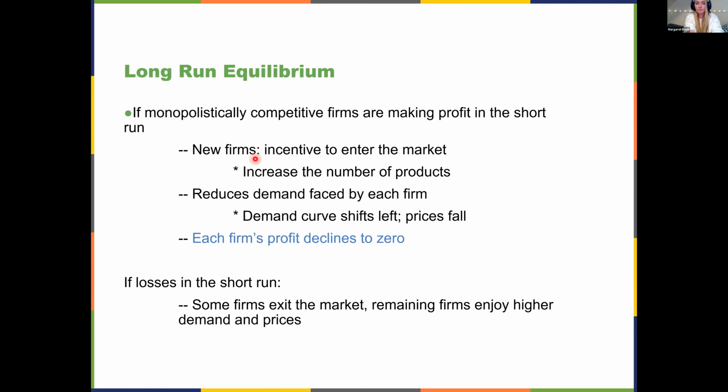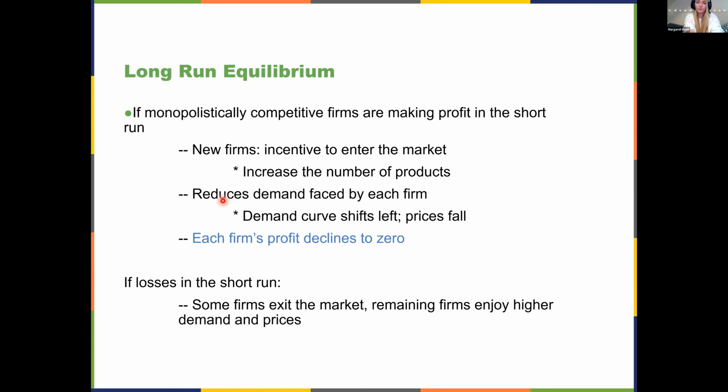So if new firms see this profit being made in the short run, there's incentive for them to want to enter the market, which increases the number of products being sold. So essentially, in the long run, the quantity produced by all of the firms is going to increase.